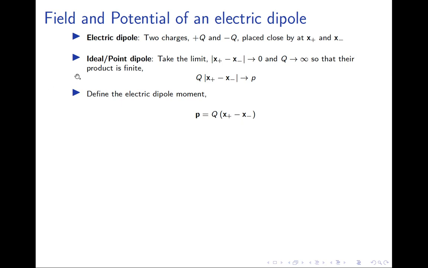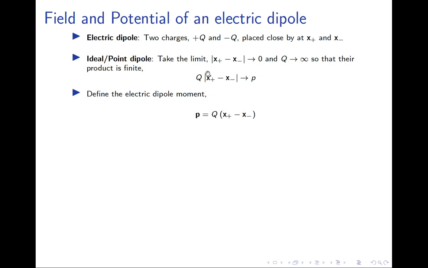However, we will be interested in something which is known as an ideal dipole or a point dipole, in which you bring these charges together, that is x plus and x minus, the magnitude of this difference in location goes to 0. At the same time, you increase the magnitude of the charges q to infinity, so that their product is held fixed or finite.